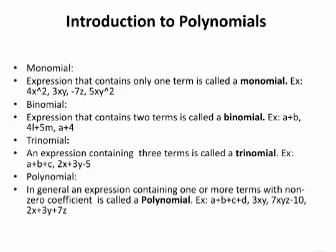What is a binomial? If the expression contains two terms, then it is called a binomial. What is a trinomial? If the expression contains three terms, then it is called a trinomial.